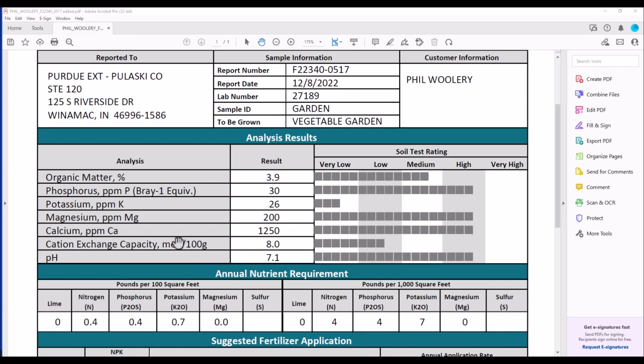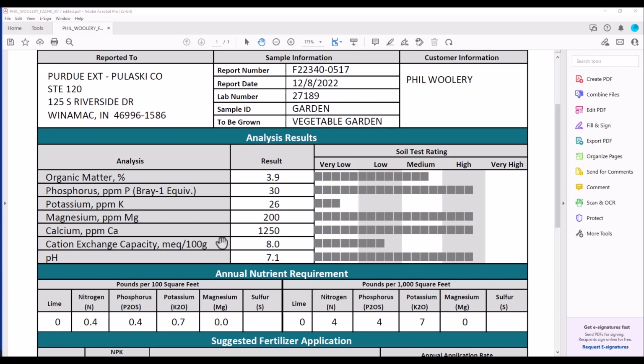The next thing they measured is the cation exchange capacity. This is basically a measure of the ability of the soil to absorb ions, like the nutrients we just talked about, so how well that soil can hold on to these nutrients. This is affected by the soil type we have.